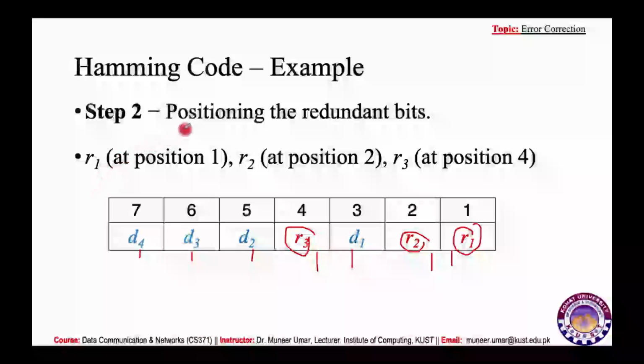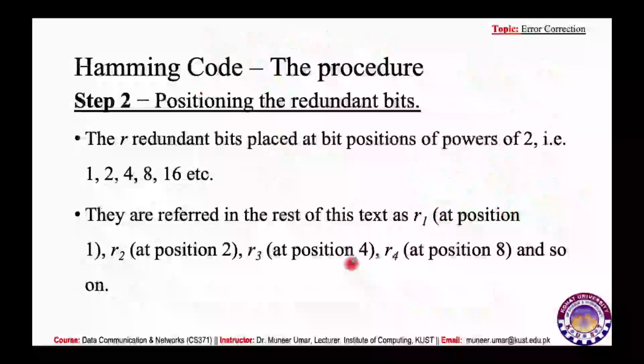So the next step is positioning the redundant bits. Here we are giving positions to R1, R2, and R3. Now if you look into step number 2, the positions for the redundant bits are powers of 2.